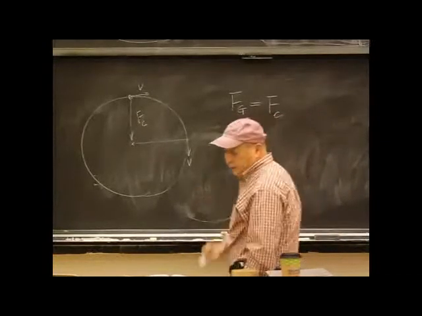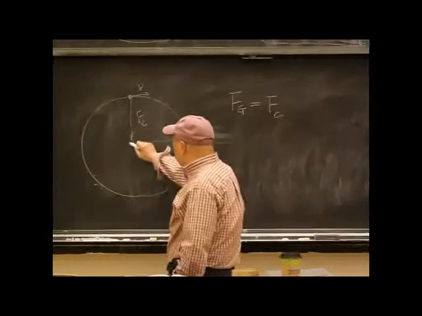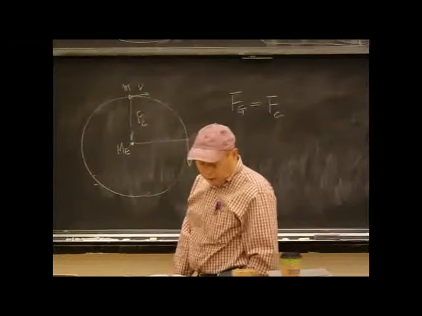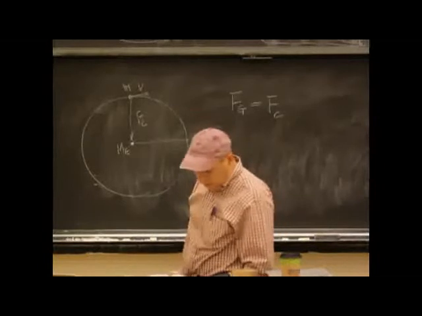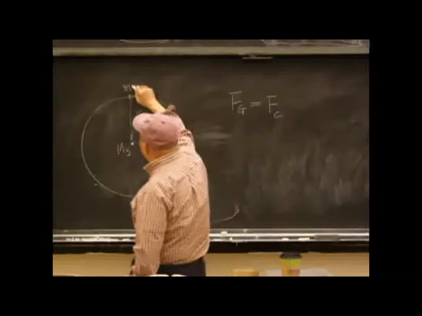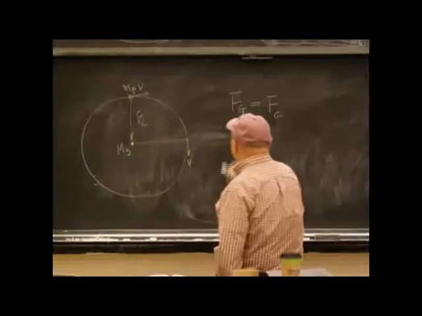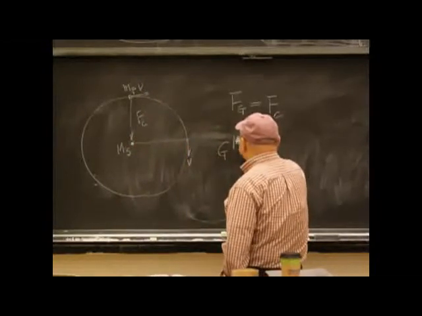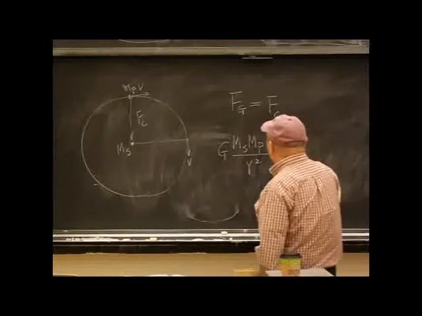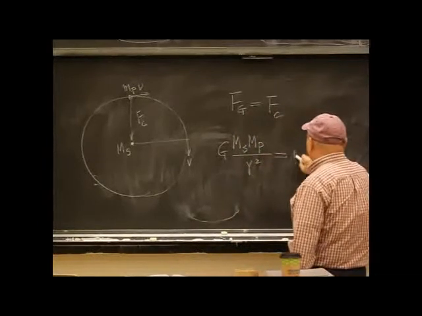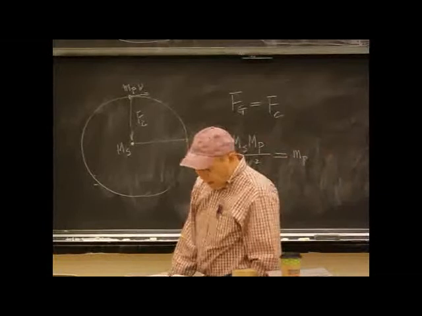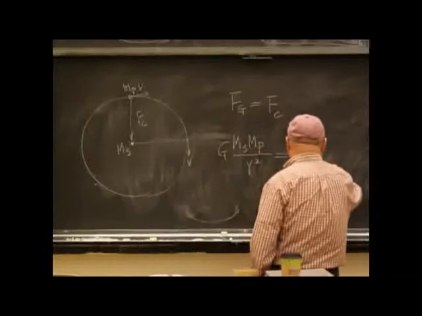For F sub G, the mass of the sun is M_E and here is the mass of the planet M. So F sub G equals G times the mass of the sun times the mass of the planet divided by R squared, and this equals M_P times V squared divided by R.